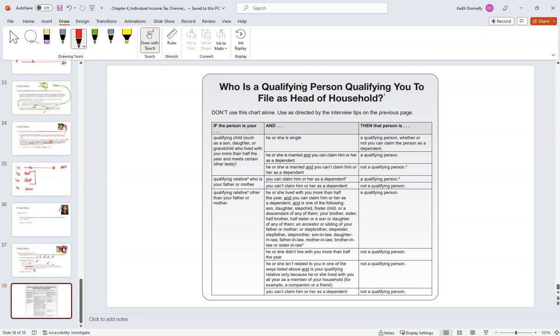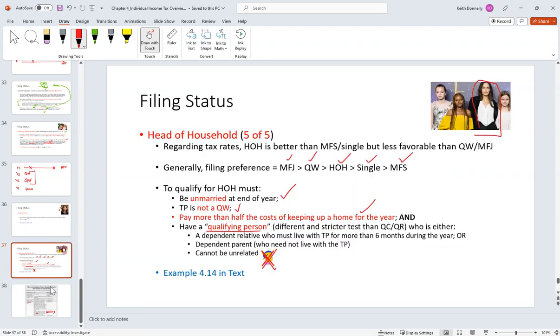You don't need to know all of these exact details, but this is what I was showing you with Milhouse. So they're a qualifying relative other than your father or mother. He or she isn't related to you in one of the ways listed above and is your qualifying relative only because they live with you. That's not a qualifying person. So that's the idea with Milhouse here.